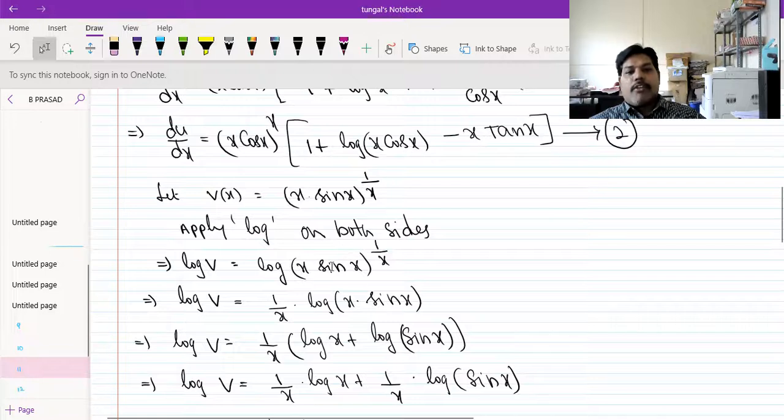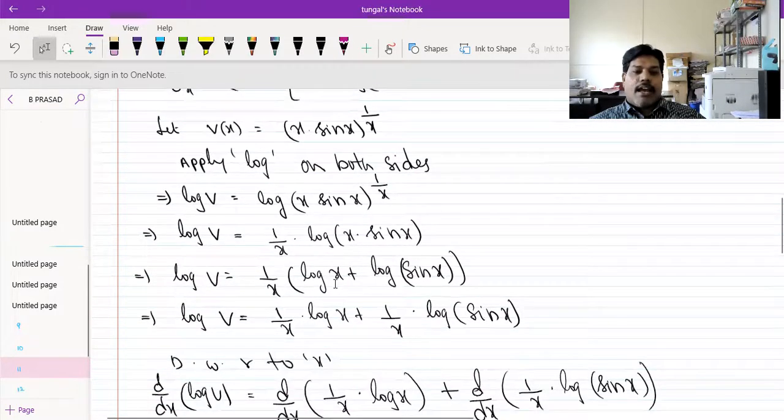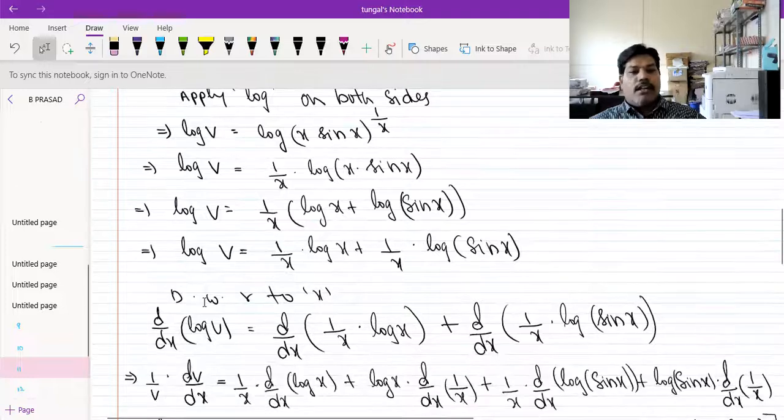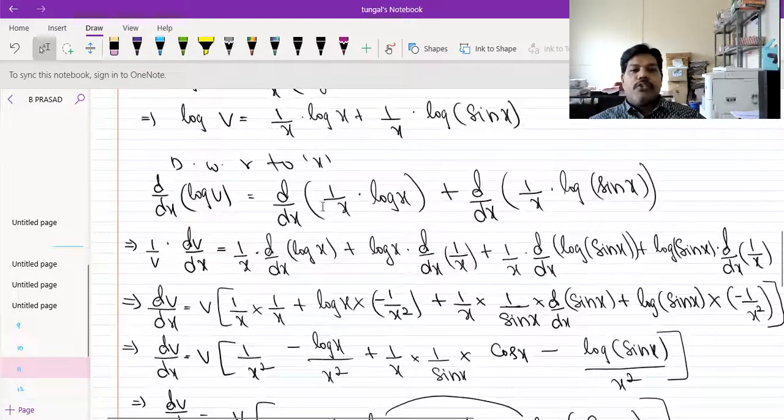It is in the form of log x power n, you can write as n into log of x sin x. So log of ab you can write as log a plus log b. So apply the differentiation on both sides. It will become, with the uv formula, students, 1 by x into log x, and also 1 by x into log of sin x.